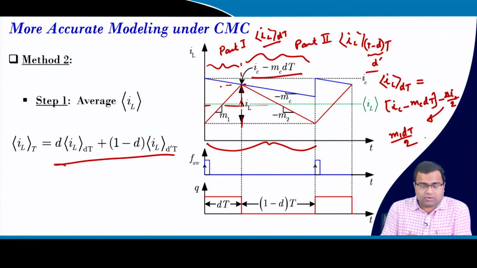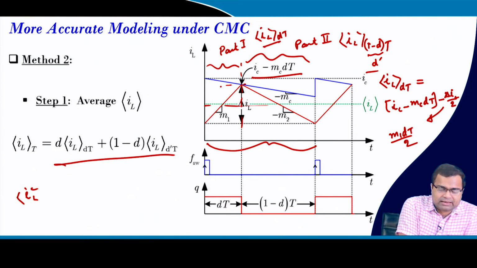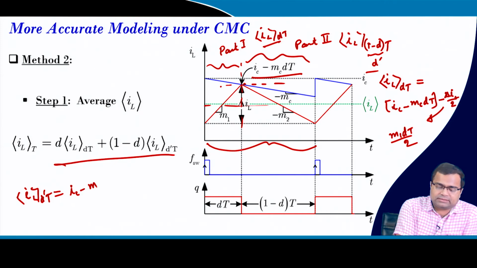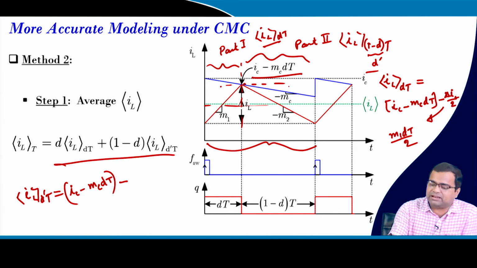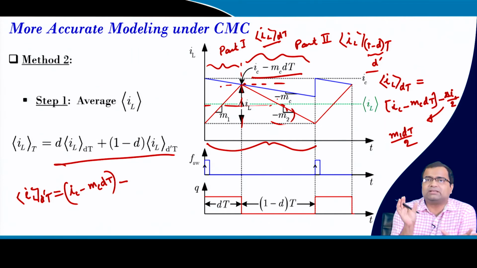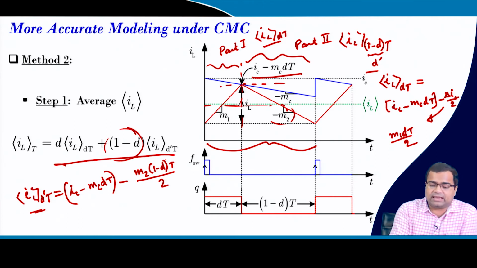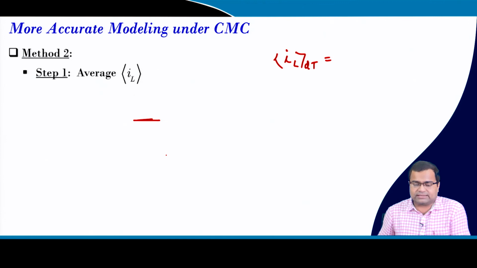Next, what is IL average during d dash T? This point is common, right. So it will be IC minus Mc dT, it is there, but now minus half of the ripple we will take in terms of this slope, because we are talking about this particular sector, right. The ripple can be expressed in terms of the falling slope also. It is M2 (1 minus d)T divided by 2, and if you multiply by 1 minus d, this will be a square. This is exactly what we are doing here.